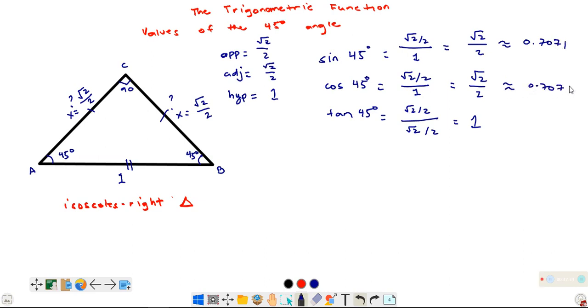Hindi ko pala ito nagawa kanina dun sa kabilang mga sheets. May calculator naman kayo, marunong naman kayo mag-round off. But I prefer na yung exact value yung ibibigay nyo sa akin, not the decimal form. Personal preference ko, mas gusto ko na exact yung answer. So, ito yung mga hinahanap ko talaga, yung ganitong mga ratios.